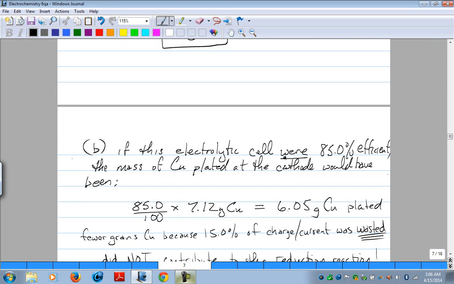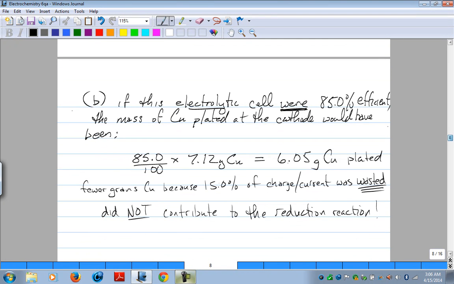Here's an efficiency component of the question. If this electrolytic cell process were 85% efficient, that means 15% of the current was wasted, was not going towards plating the copper. The mass of copper that would have been plated, given an 85% efficiency, is 85% of the mass of copper that's plated at 100% efficiency, of course.